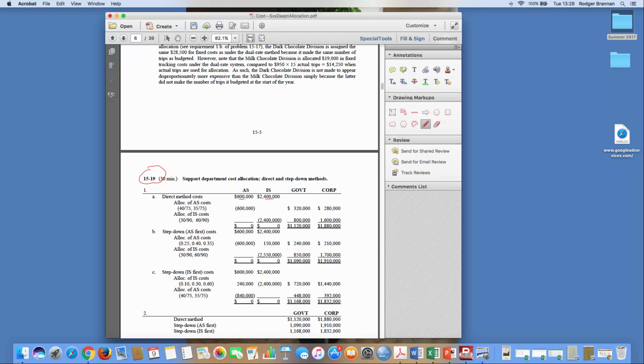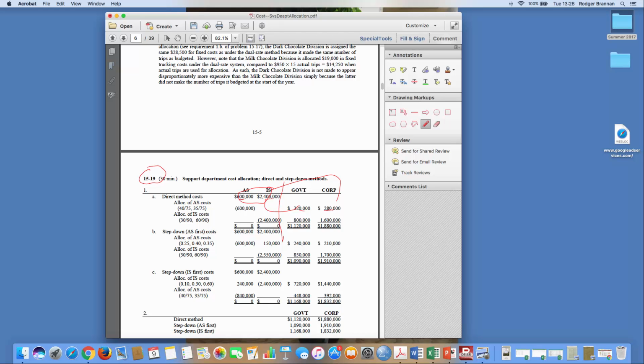Likewise, government and corporate, these are my so-called productive departments. So what I'm trying to do is to move all of these costs from these 2 support departments into these 2 so-called productive departments. Now, again, you have to be clear about what is direct and what is allocated. All of the support department costs will eventually be allocated to the productive departments.